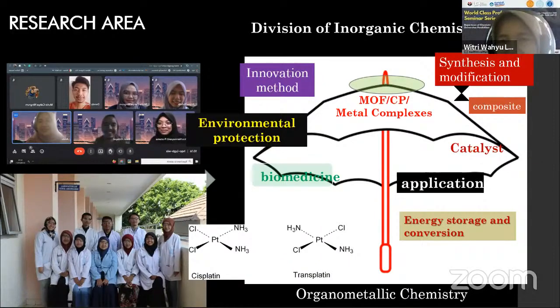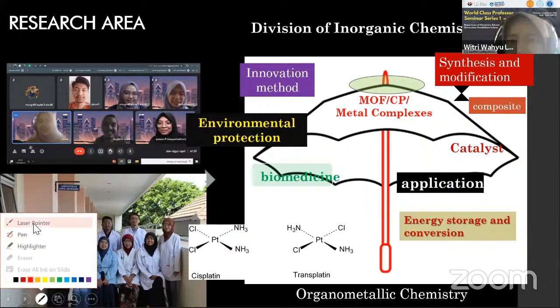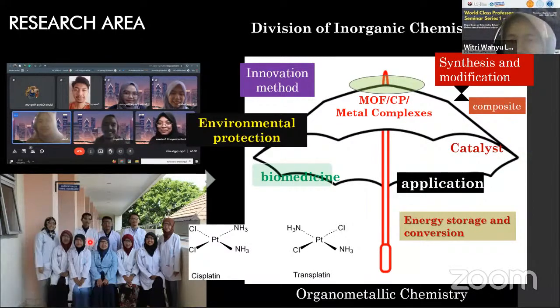We try to innovate the synthetic method, and also combine with polymer or with other materials like zeolite, graphene oxide or nanomagnetic material. We did some applications in several fields. That's why I am open to collaboration with other scientists from Indonesia or from abroad. And here is my small group with my students.